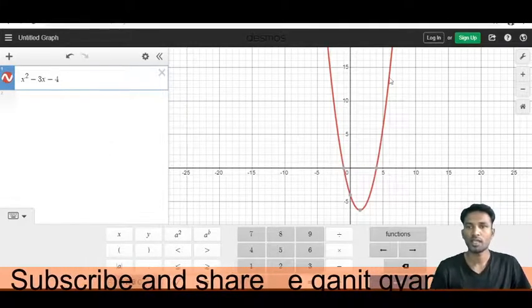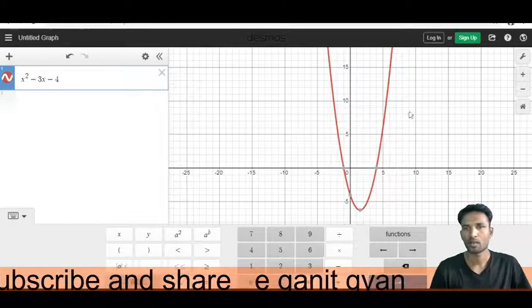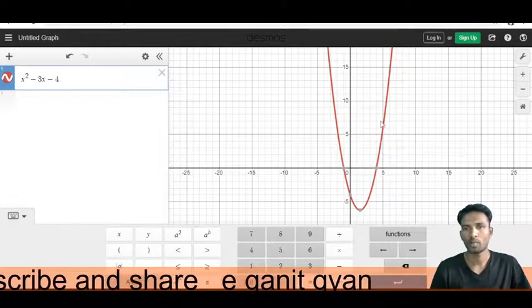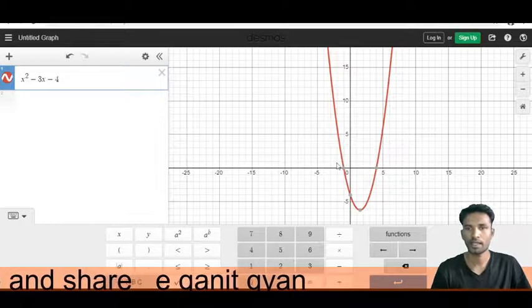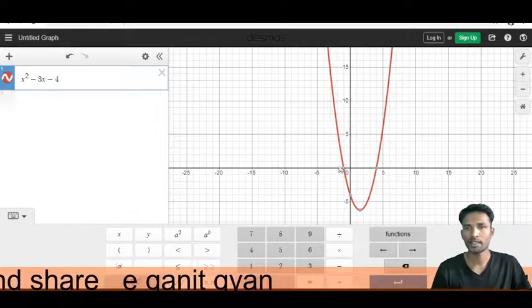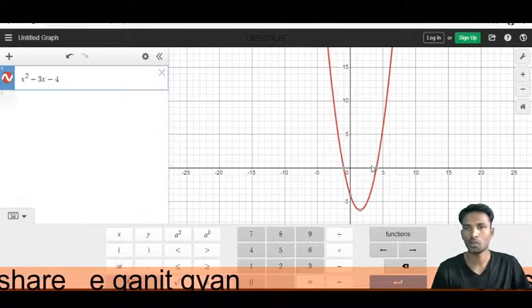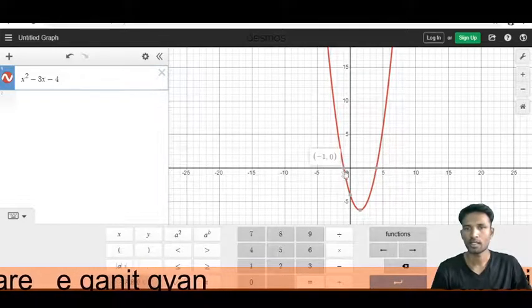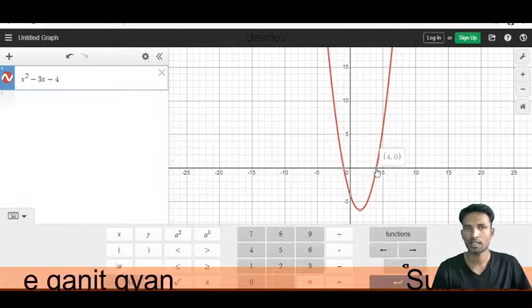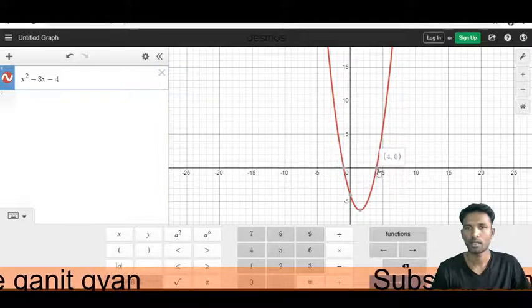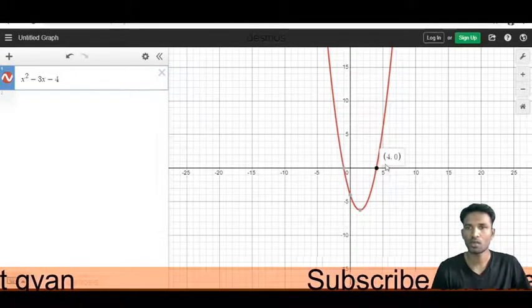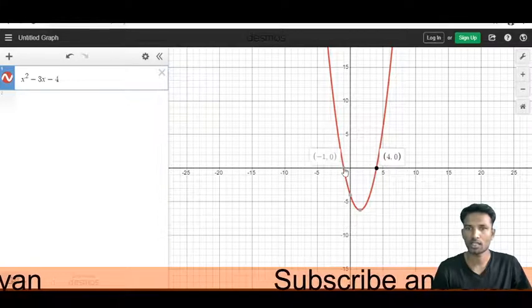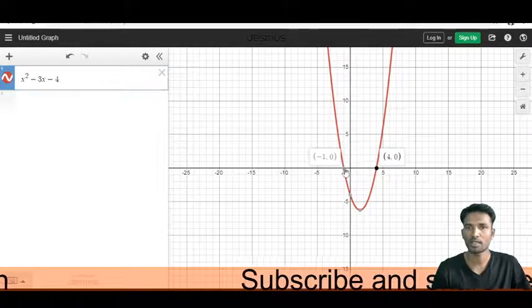I am getting one parabola here. And if you observe clearly, this parabola intersects the x-axis at two locations. One is at this location, another at this particular location. Okay, yes, this is very important. This location is 4, 0. This location is minus 1, 0.